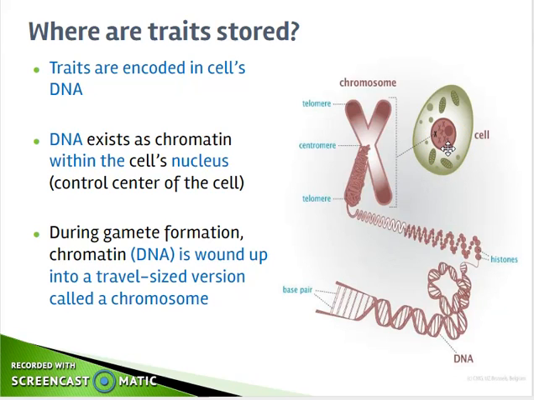And when your body is ready to move it around, it will take the DNA, so here's the loose DNA right here, here's a base pair, and it will wrap it around proteins called histones, and then it will pile those histones up, and that will become a chromosome.